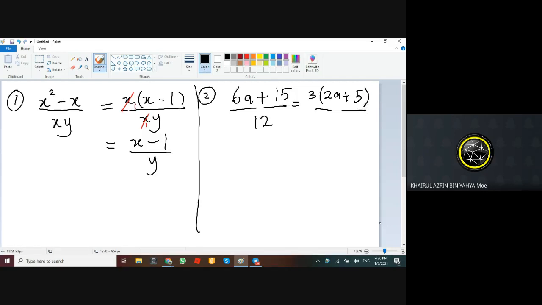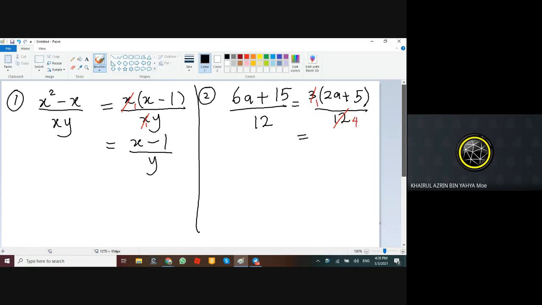Okay. So the one on the numerator part, on the upper part, we factorize 3 outside of the bracket, it becomes 3 in bracket, 2a plus 5. Down here, the denominator is 12. So here we can eliminate 3 and 12, where 3 divided by 3 is 1, 12 divided by 3 is 4.